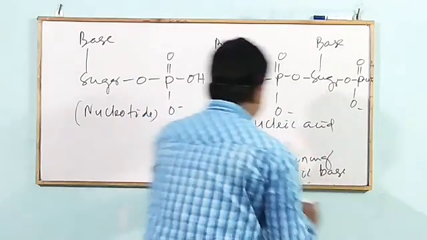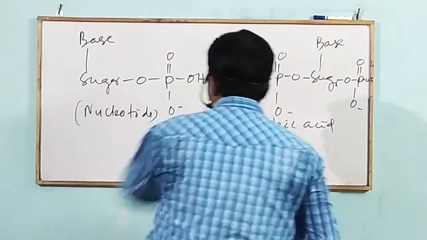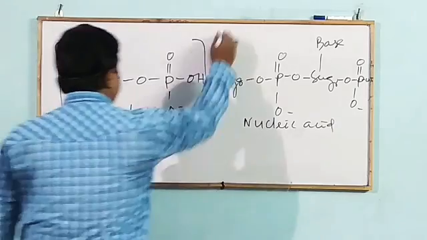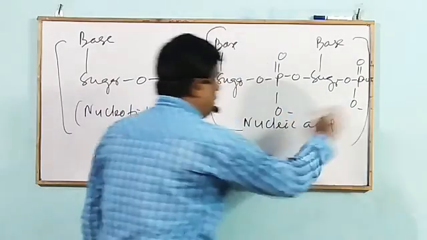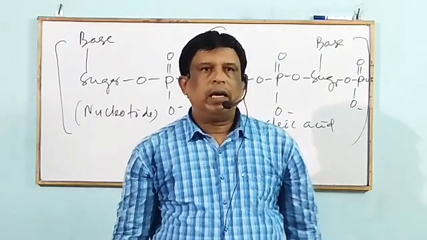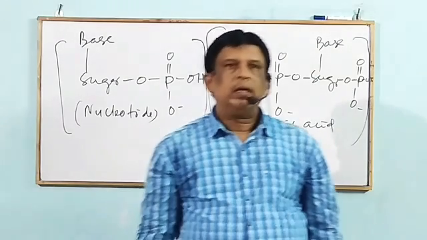The first structure is for nucleotide, and the second, the chain, is for nucleic acid.